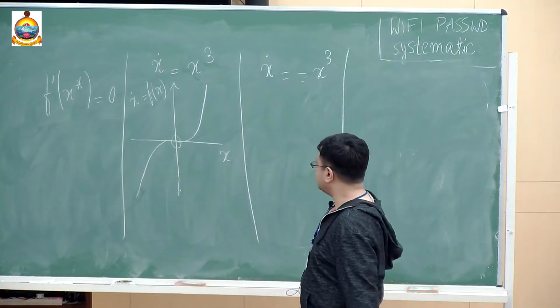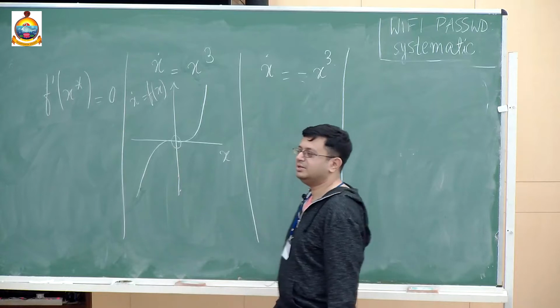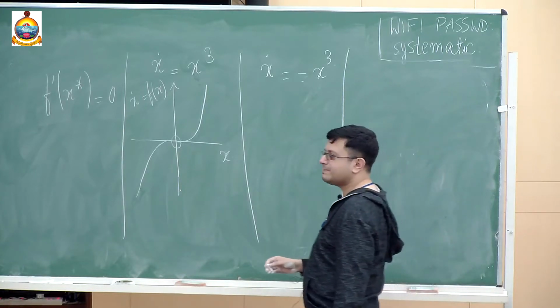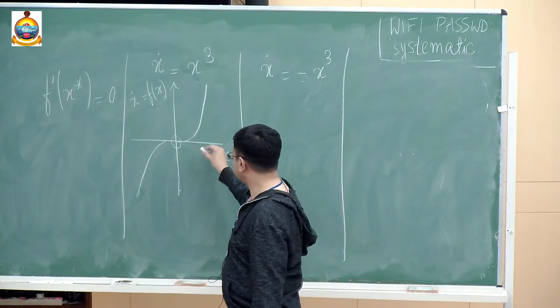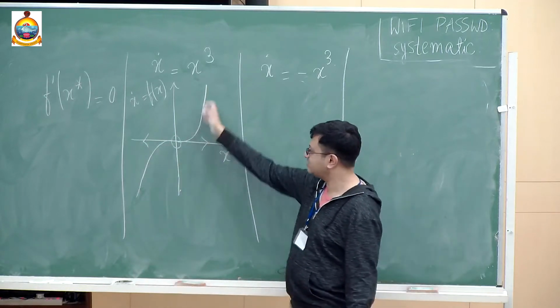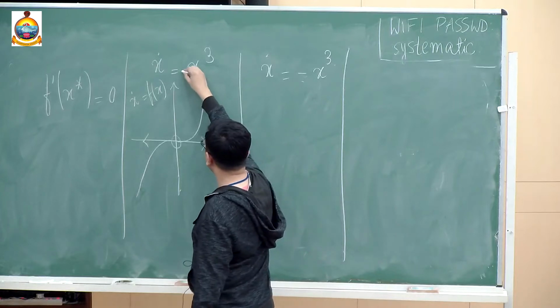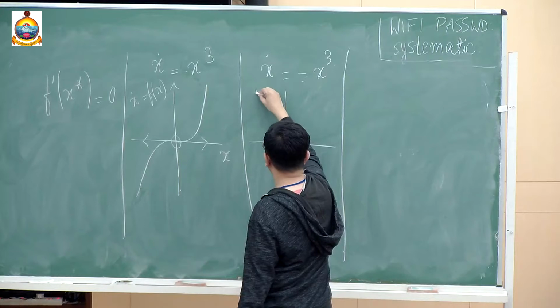If I just follow that procedure, can somebody tell me what kind of fixed point is this one? I just look at whether x dot is positive or negative and so on. Sorry? Unstable. Right? This is unstable, because here the velocity is positive. And suppose x dot were negative, which is here, then the function is just a reverse.